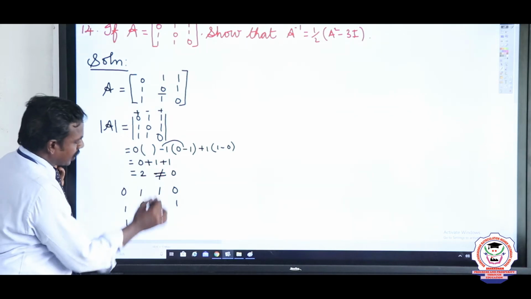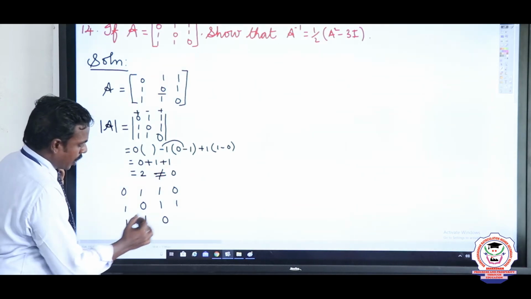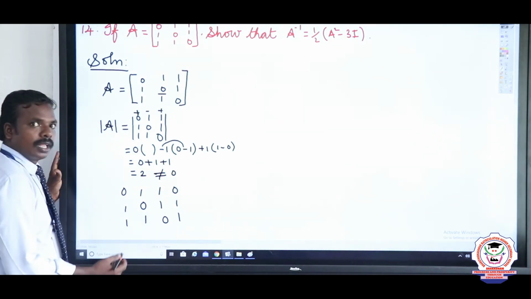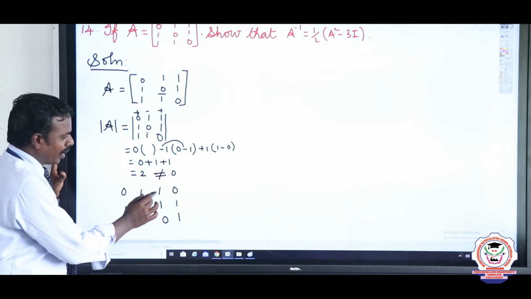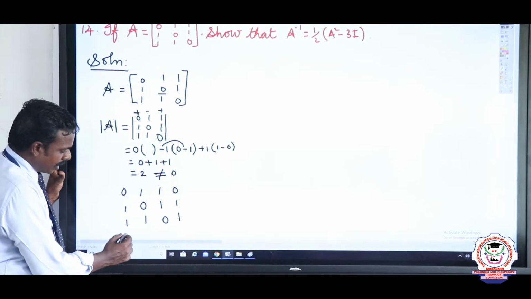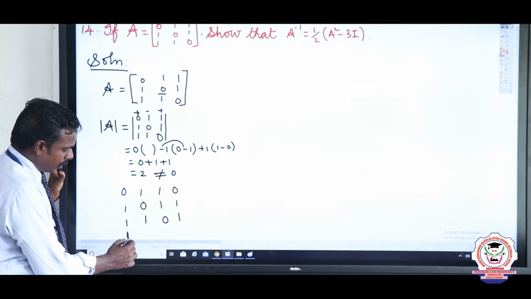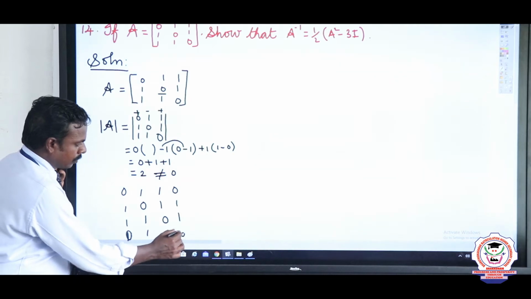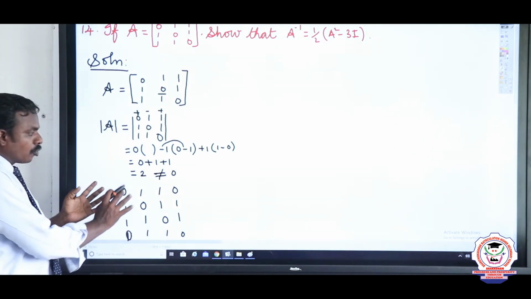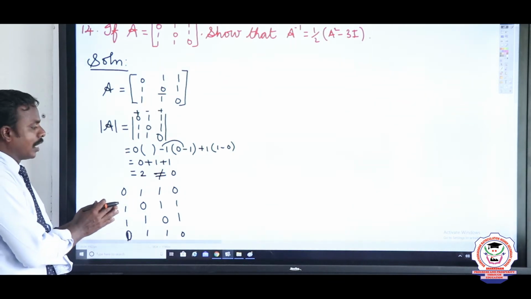So we need to repeat the starting element. Here in the first row we have written 0, 1, 1, 0. Listen to this. Now I am going to take the cross multiplication of these values.